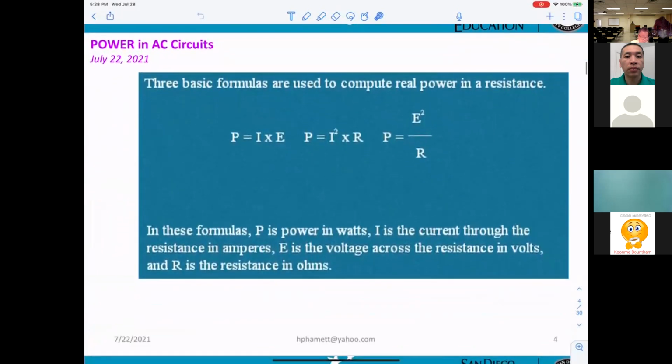Three basic formulas like we already told you. P equals I times E, P equals I squared times R, P equals E squared divided by R. In these formulas, P is power in watts, I is current in amperes, E is the voltage across the resistance in volts, R is in ohms.